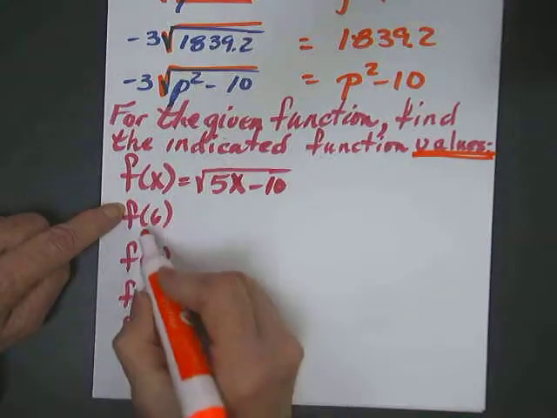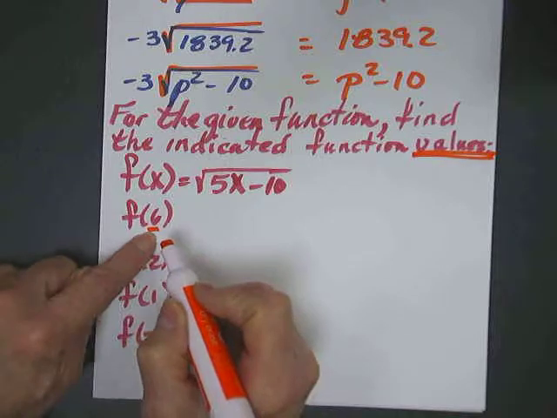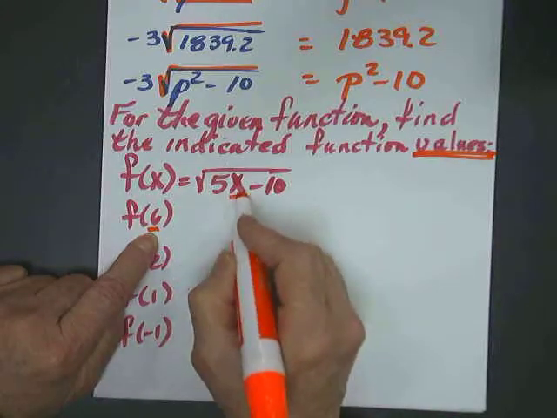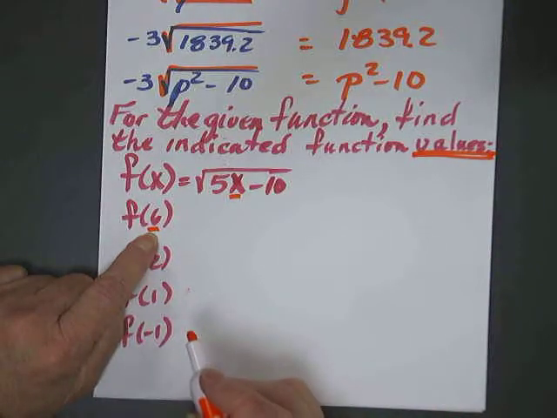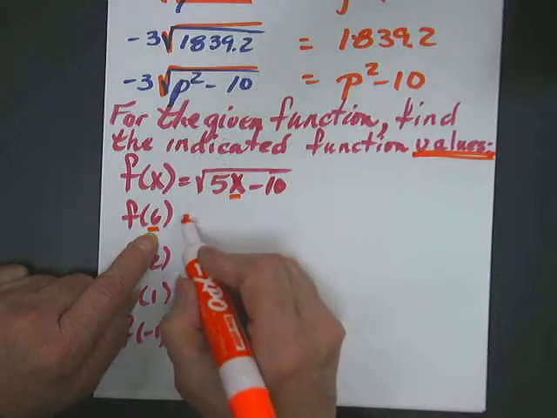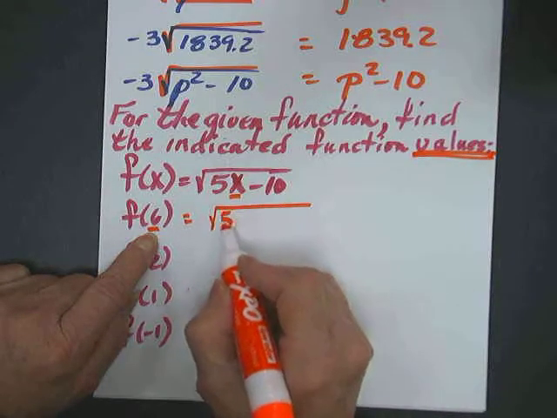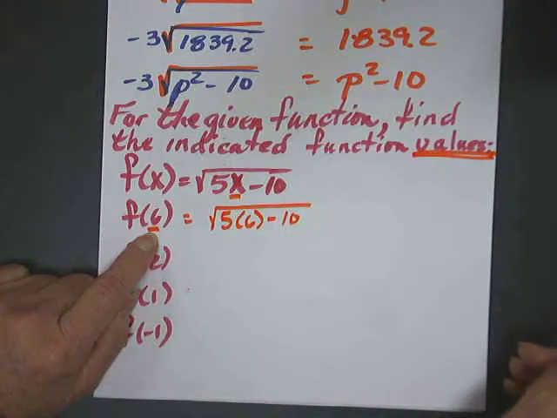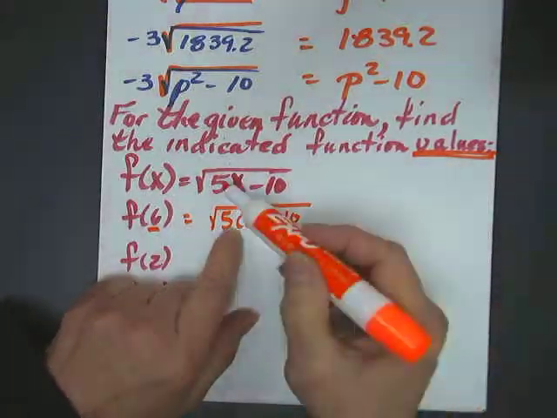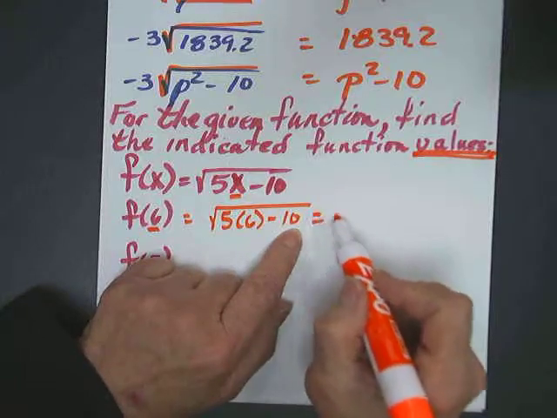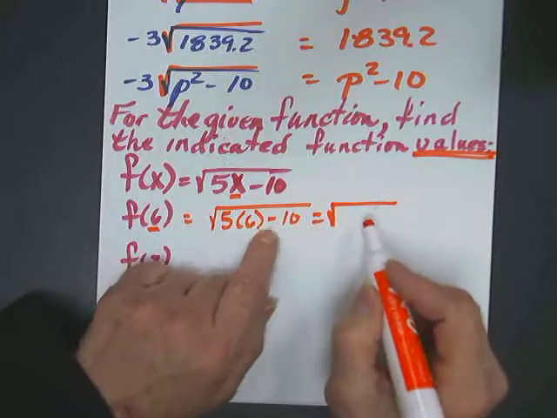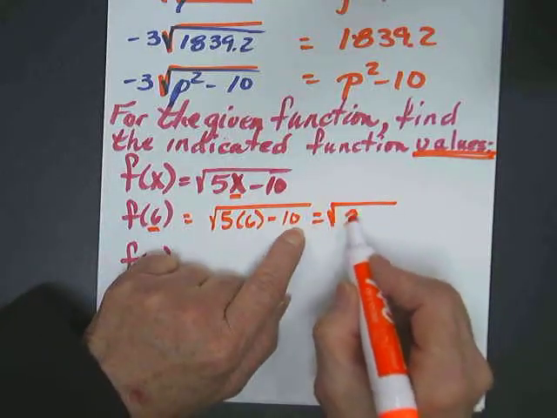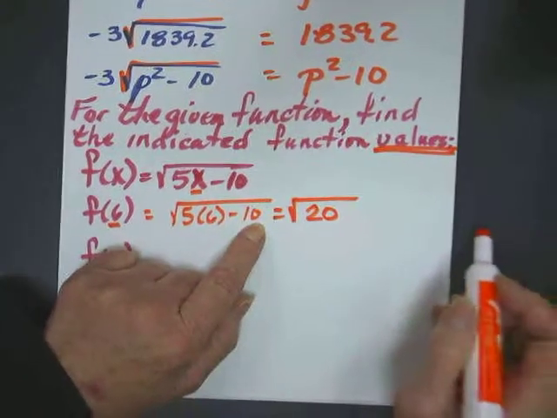Okay, for the given function, this is your given function. Find the indicated function values. So you're going to plug this in where? X. Where the x is, and get a value. So we're going to have, instead of x, we're going to put 6. Write the whole thing.